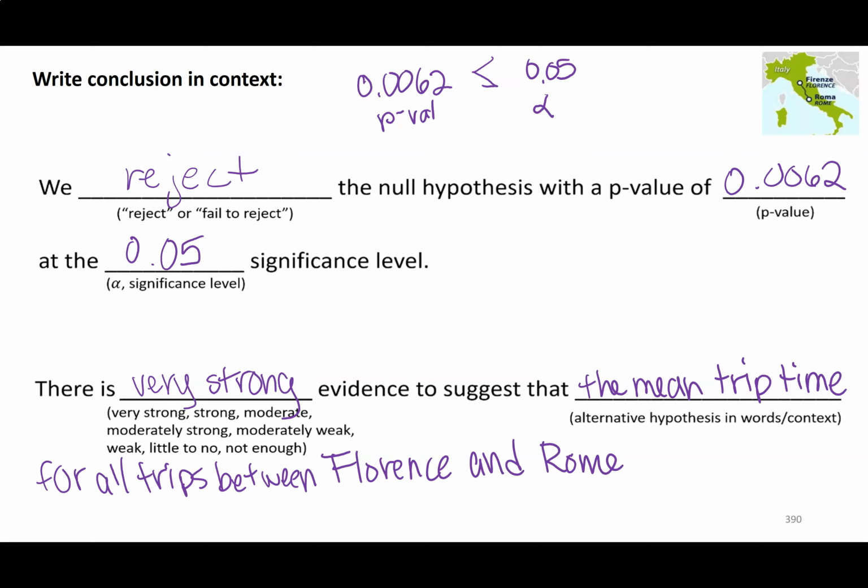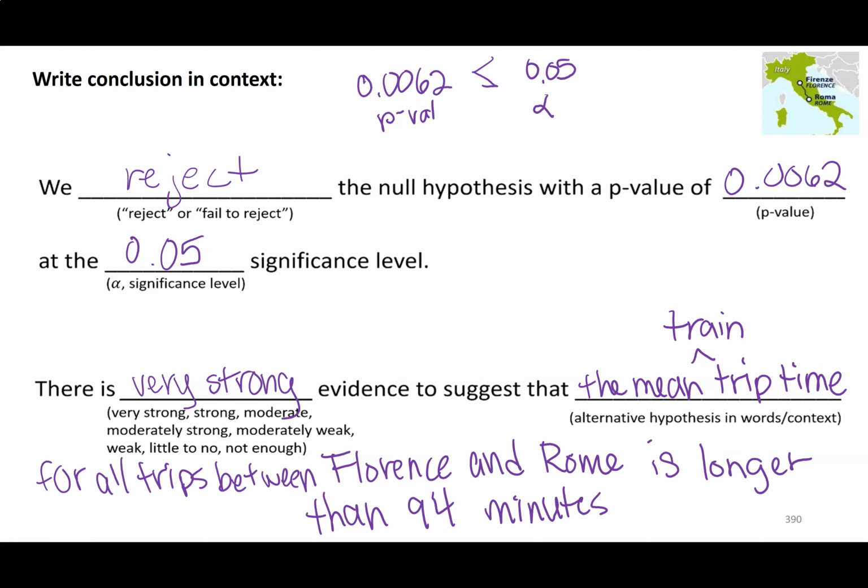So we have very strong evidence to suggest the average trip time for all trains between Florence and Rome is longer than 94 minutes. So it's longer than what's advertised. But it is important to actually put the number there, the 94 minutes. So we have really strong evidence to support that this customer is probably right. It looks like on average these trips between Florence and Rome are taking longer than the 94 minutes they advertise.